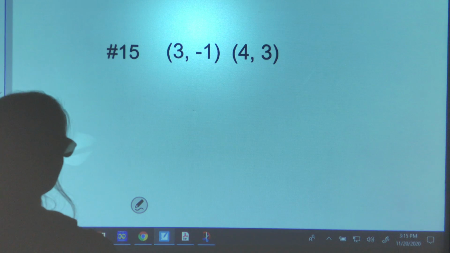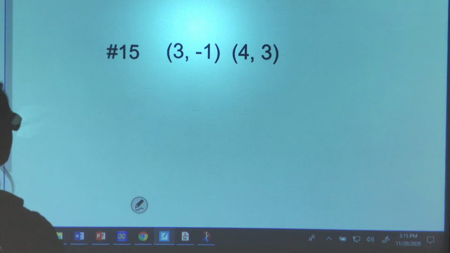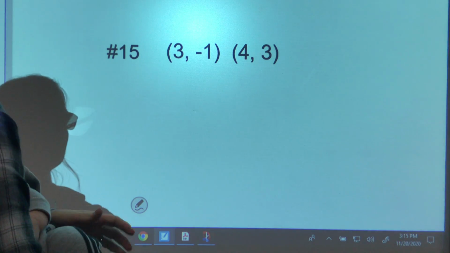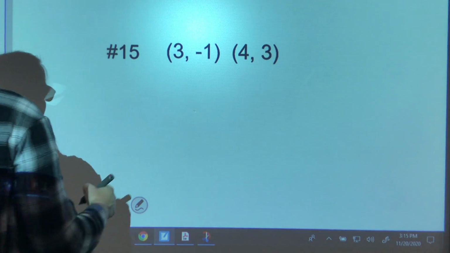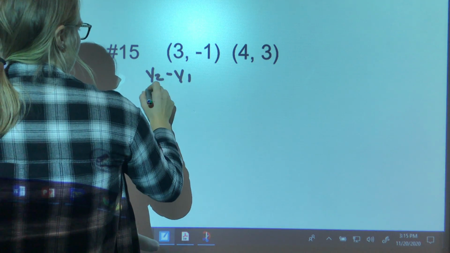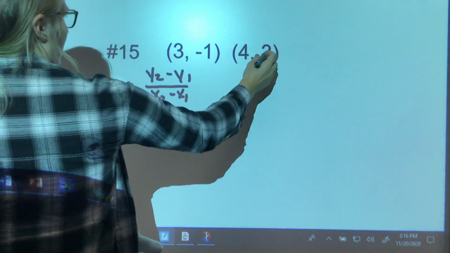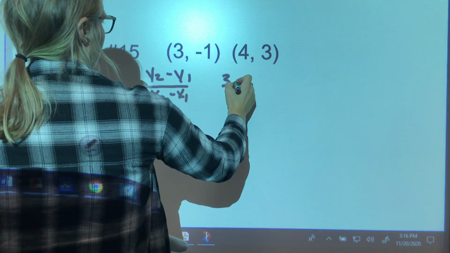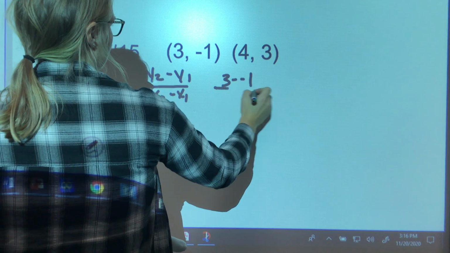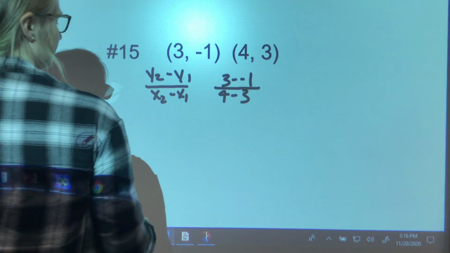Okay, I think this is the last one I'm going to help you with. This is number 15. They give you 2 points, so this is like your work last week. First thing you have to do is plug it into the slope formula. So we have y2 minus y1 over x2 minus x1. So I'm going to have my y2 of 3 minus y1, over x2 minus x1.